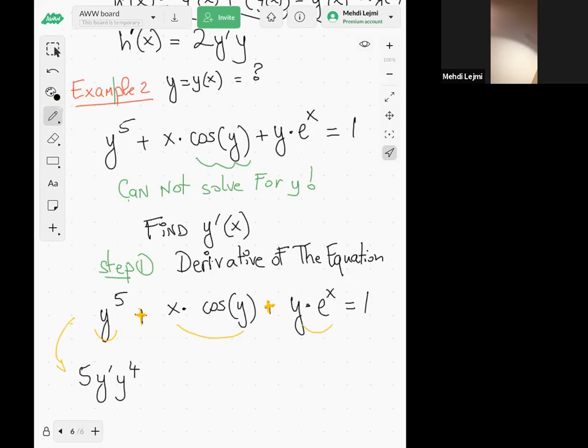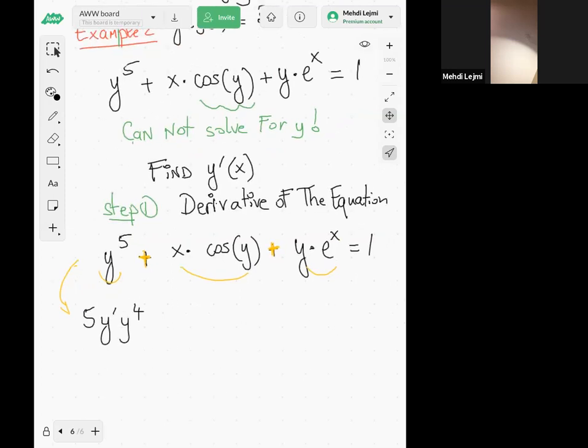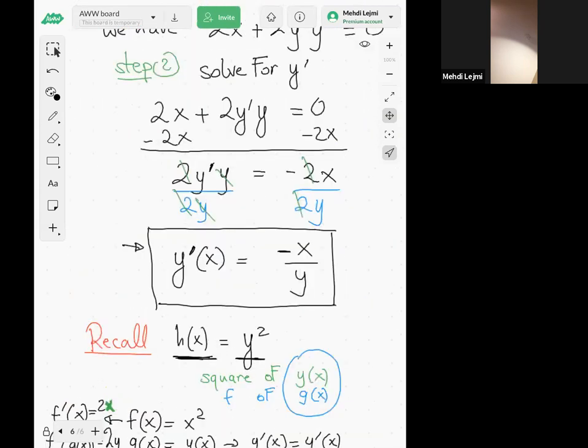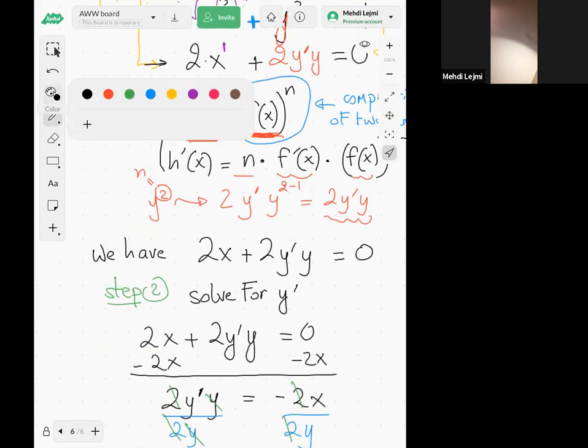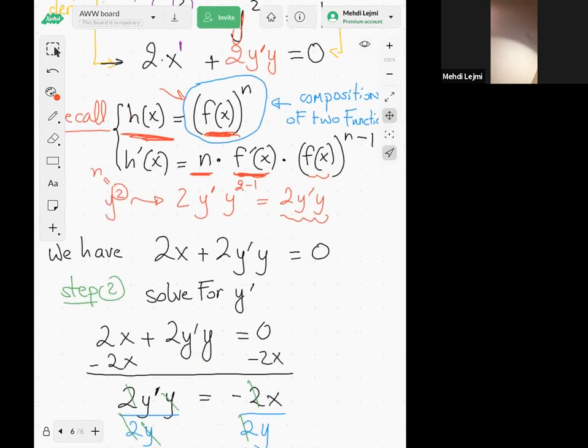Okay, and so which rule did we apply? Well, the same rule we applied before. If you have a power n of the function, f to the power n, then we said the derivative is n f prime times f to the power n minus 1, right?